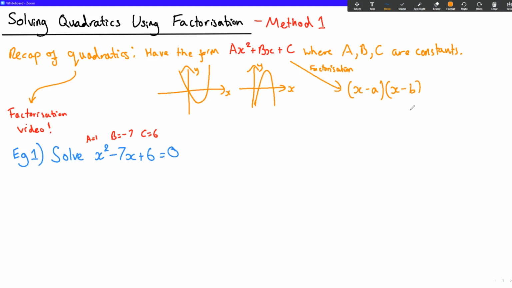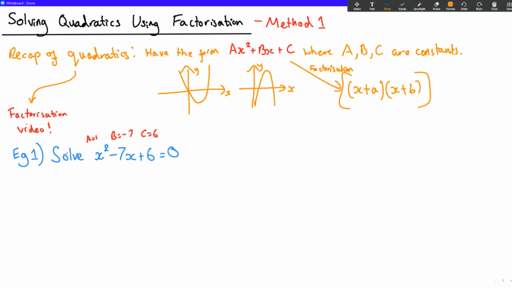And this is in its factorized form. Or it can be x plus a and x plus b, but you don't really need to worry about this notation. But we learned how to factorize these quadratics.